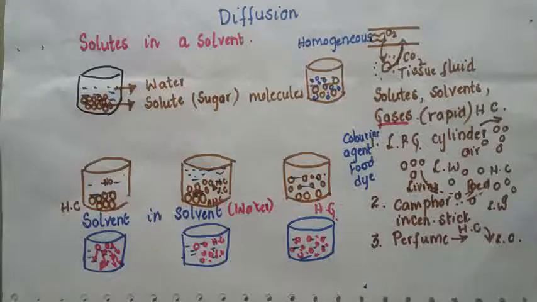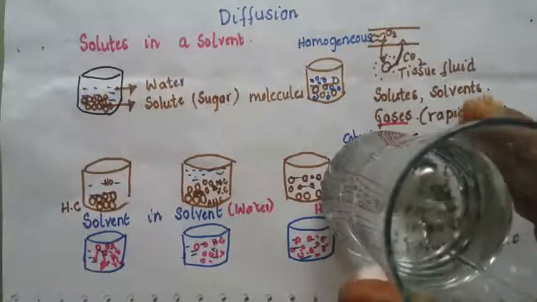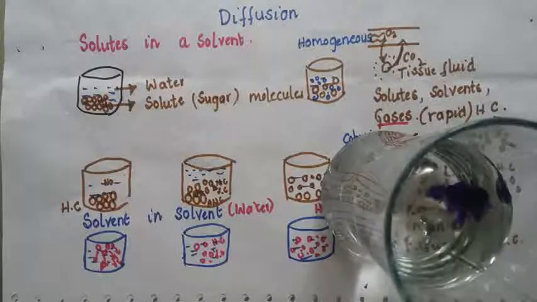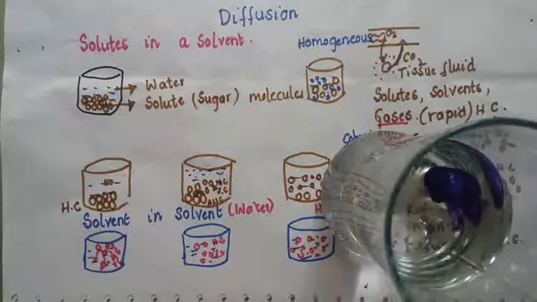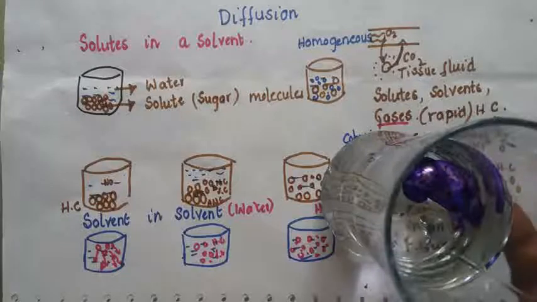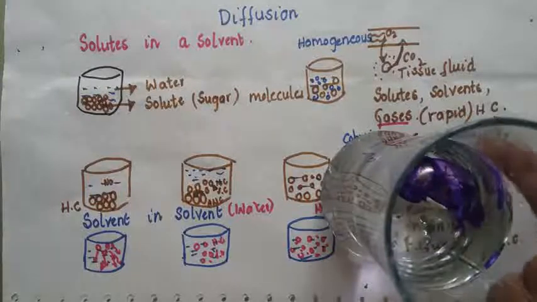Children, let us take an example of blue ink, or you can say the dye that we use for clothes. When you add this, observe, you can find the diffusion. The molecules of blue dye are moving from a region of higher concentration to a region of no concentration in the beginning.